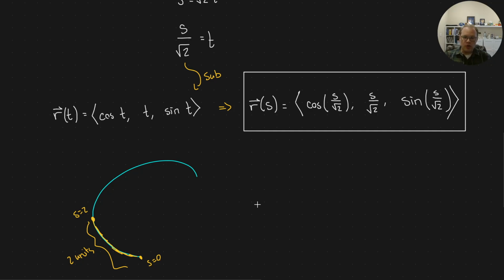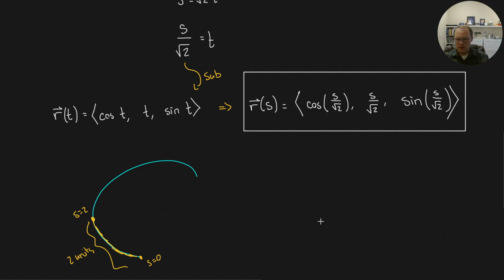Okay? So if ever we want to focus on just the shape of the curve without having to worry about how fast or slow we're traversing it, we use an arc length parameterization. Okay? Just a word of caution. We're learning about how to find this arc length parameterization in this section.